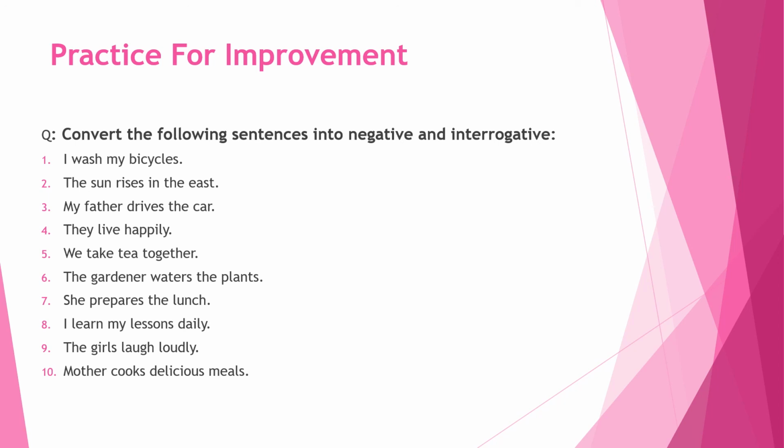So I have chosen them for you to practice and convert into their negative and interrogative form for your convenience, and you can match your answers with the previous slides which I have shown you earlier, so that you may see what mistakes you have made and what the correct answers are.